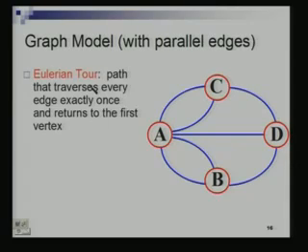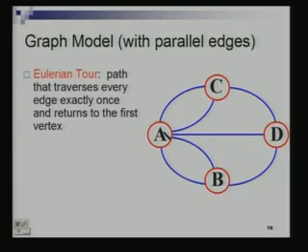So, an Eulerian tour is a path that traverses every edge exactly once and returns to the first vertex. That is exactly what we want to do, because these are the bridges, so we want to traverse each bridge exactly once and return to the starting vertex. Can you do that on this graph? The same problem can now be thought of here.